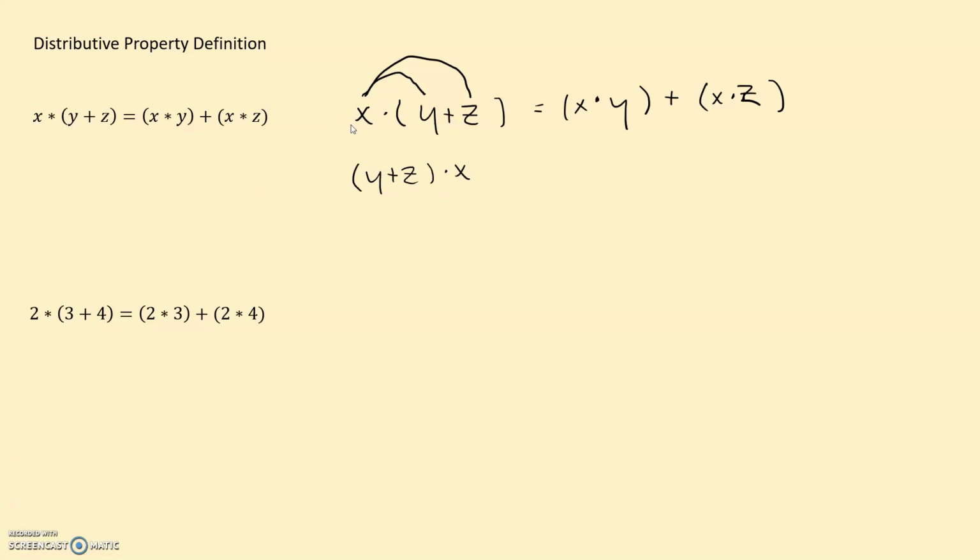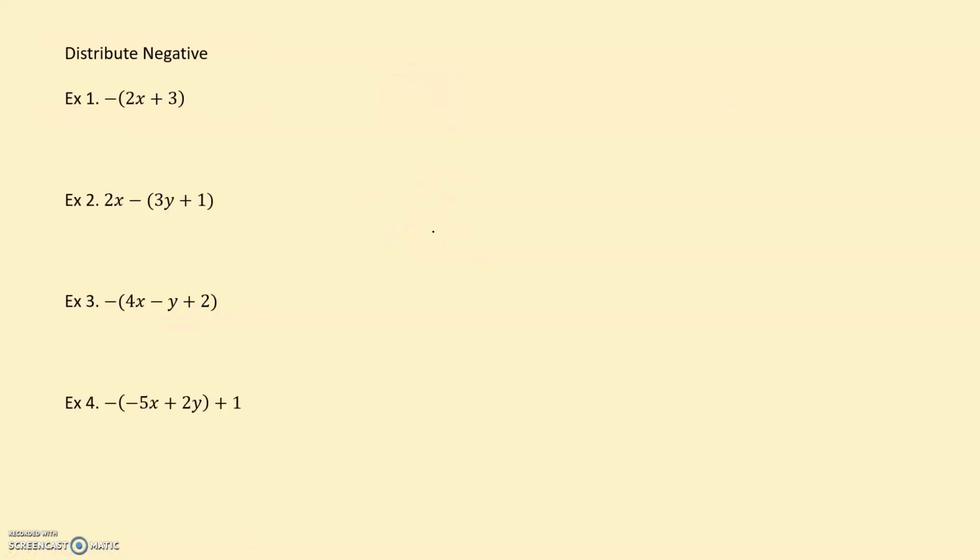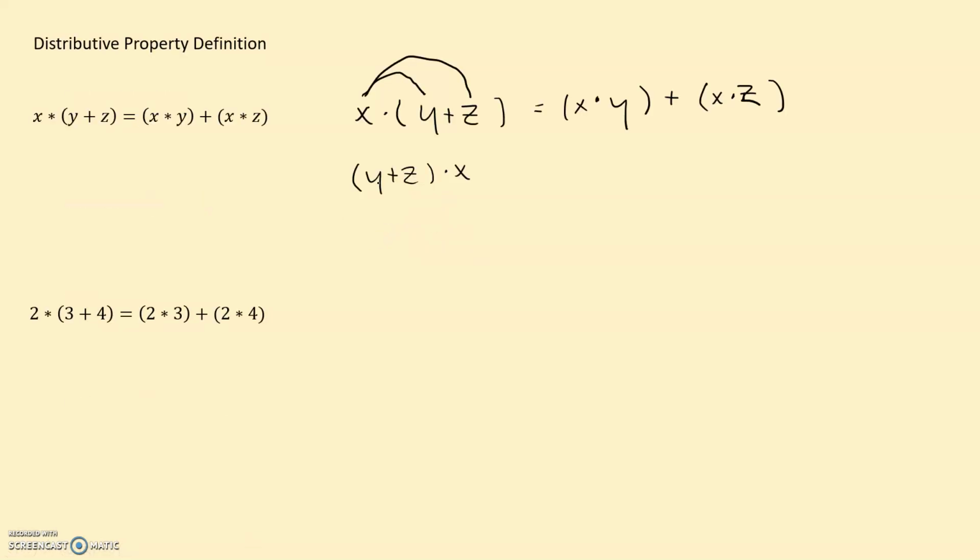A lot of times we're used to seeing the distributive property from the left side, but if we have this x over on the right side, we could either switch it around so that we have x times y plus z, do it the way we normally do, or you could distribute from this side and say y times x plus z times x.